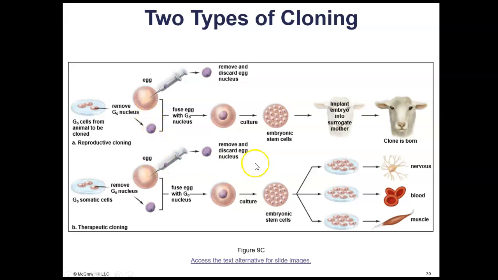So you fuse the G0 nucleus into the egg cell. So there's an egg cell that doesn't have its own nucleus. It now has the nucleus from these cells that are in stage G0. And then they are allowed to grow in a culture medium. The embryo that is formed in this culture petri dish is implanted into a surrogate mother, and the clone is born.